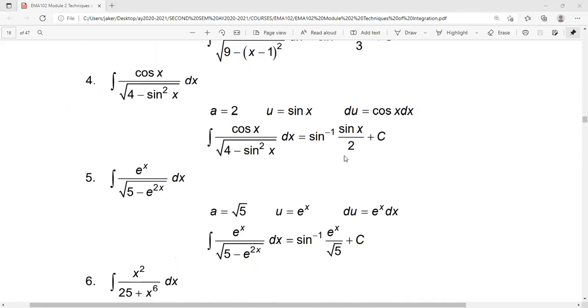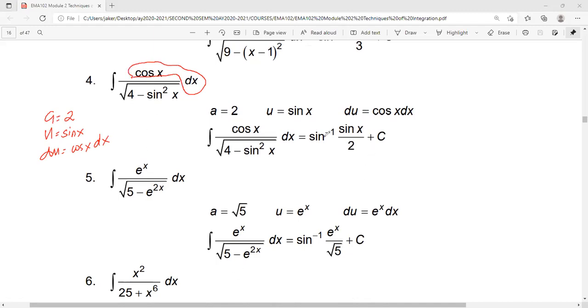We'll have this one. Here, a is 2, u is sine of x, the du is cosine of x dx. So this is your du. So still arc sine.